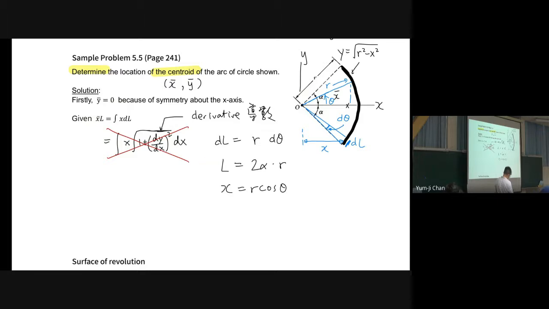L is known, x is known, and dl is also known, right? The only unknown in the equation now is x bar. So we have some way to get that.